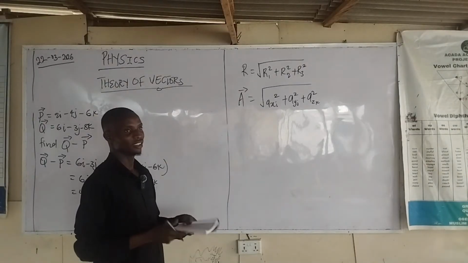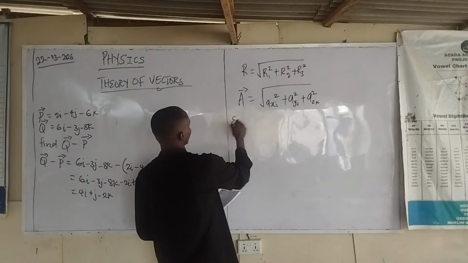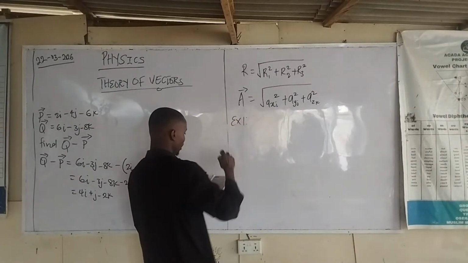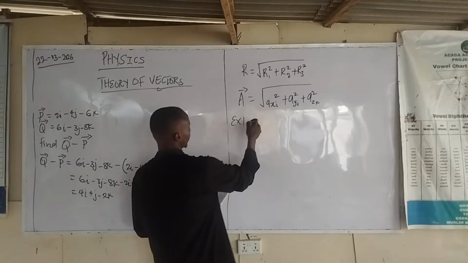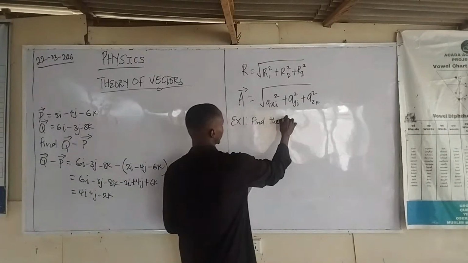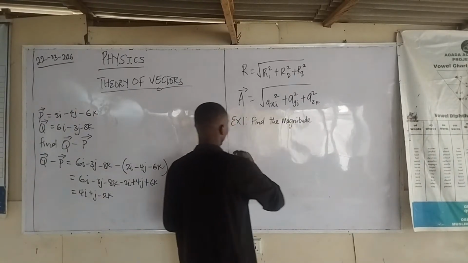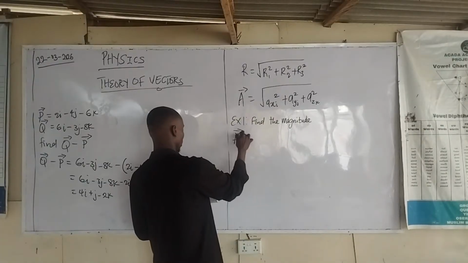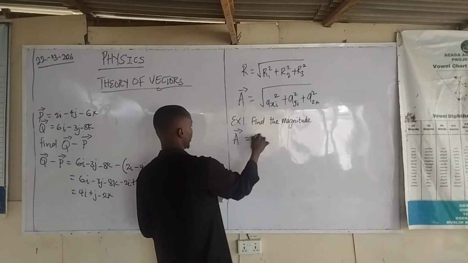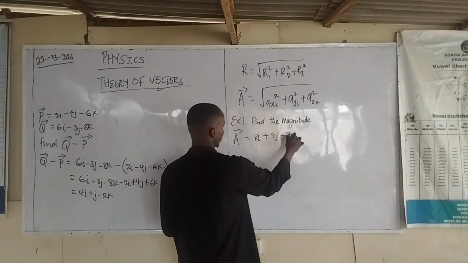So now, example 1. Find the magnitude of vector A, equal to 8i plus 4j plus 8k.